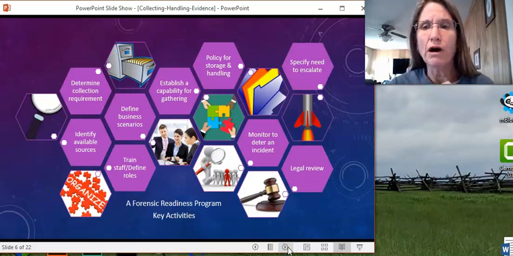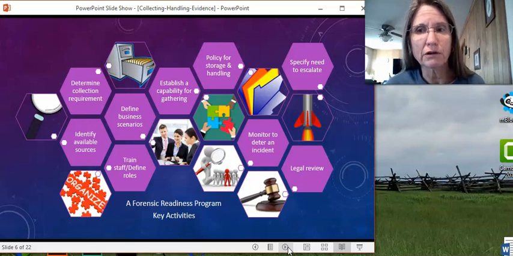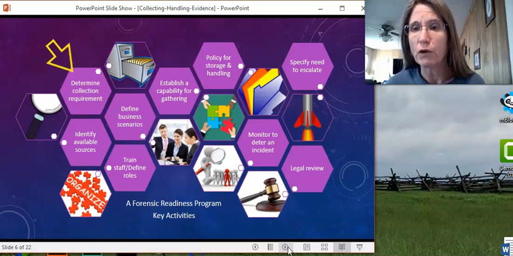So when you are considering a forensic readiness program, there are a lot of key activities, and we did speak about some of them, and it'll be important as you create a forensic readiness plan. But you want to specify clearly in writing the collection requirements.